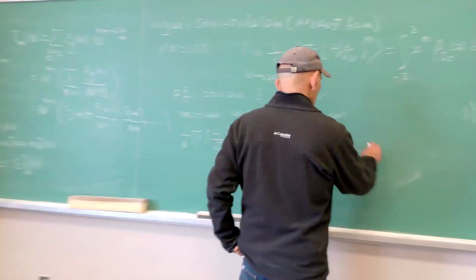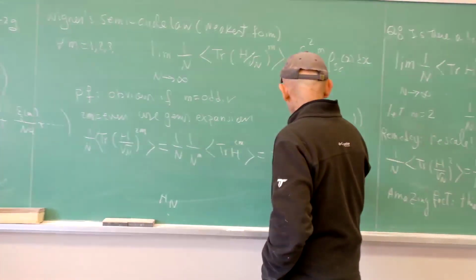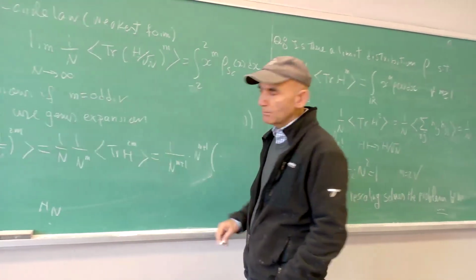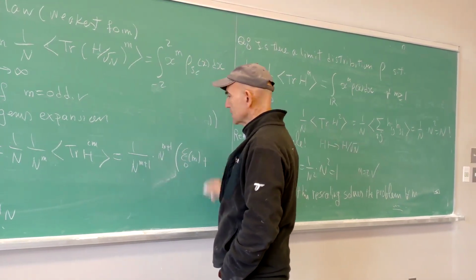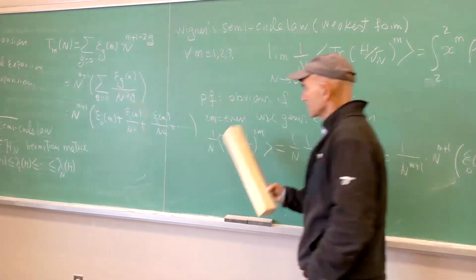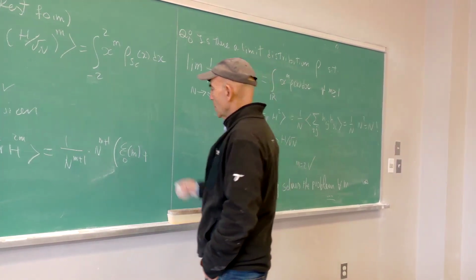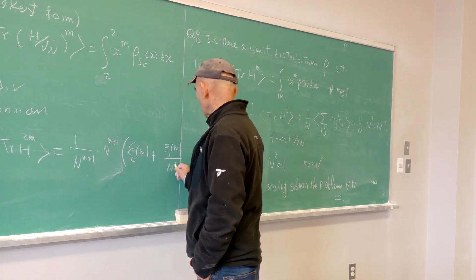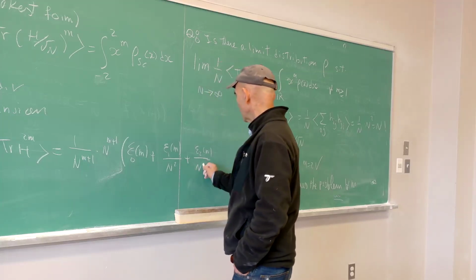So this is equal to 1 over n to the power m+1 times n^(m+1) times epsilon_0(m), the constant term, plus epsilon_1(m) over n squared plus epsilon_2(m) over n^4.